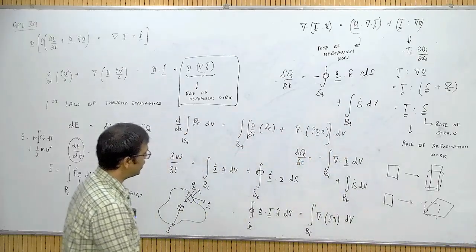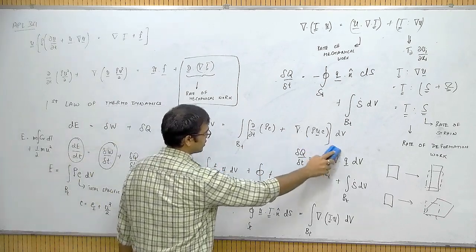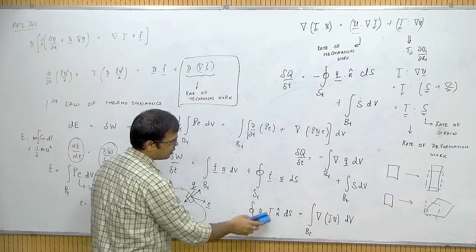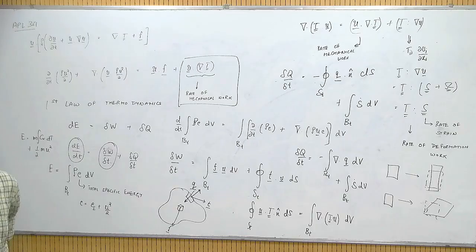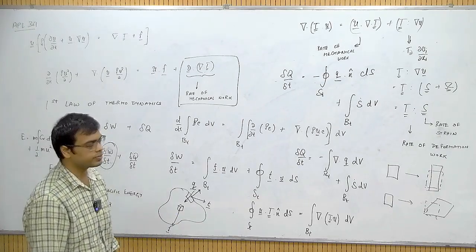Okay, now I have all the terms. So this was my LHS, this was my RHS of rate of work done, and this is the RHS of rate of heat supplied. All of these terms are in volumetric integral, so I can take them inside and use the same logic that there is an integral which is 0 for an arbitrary body, so the integrand has to be 0.